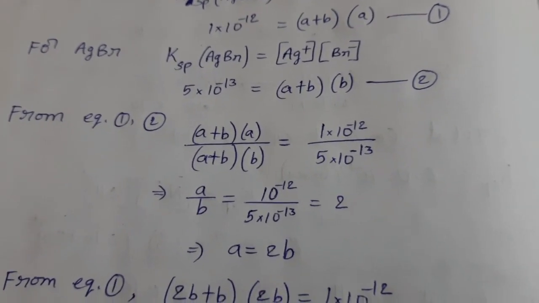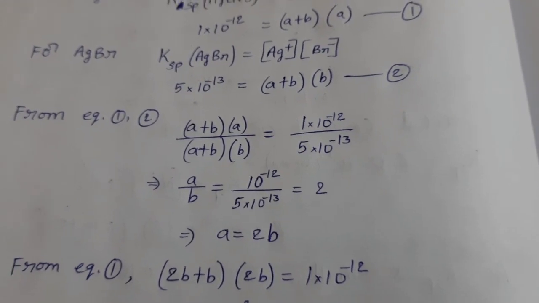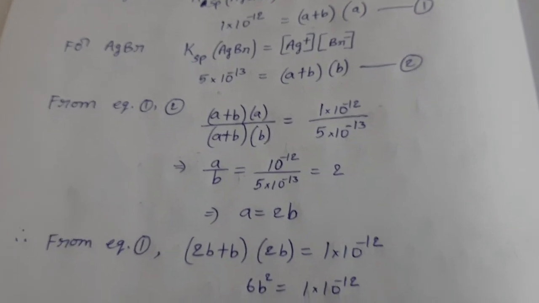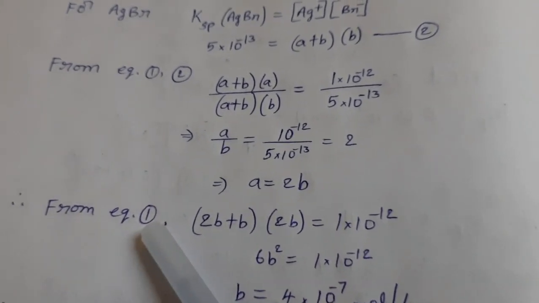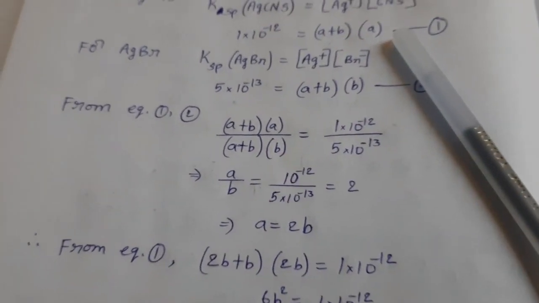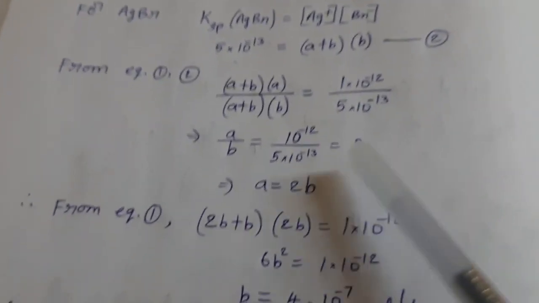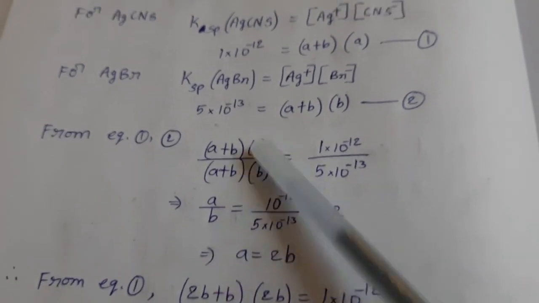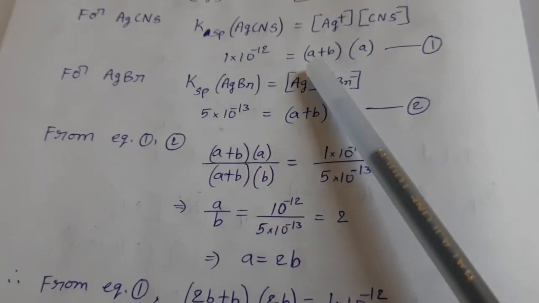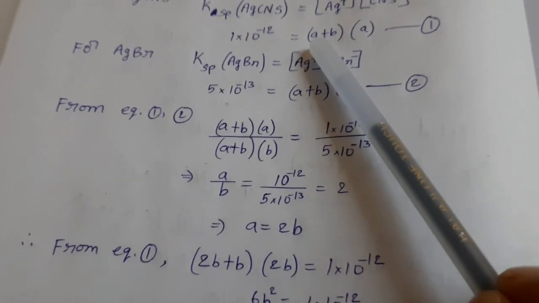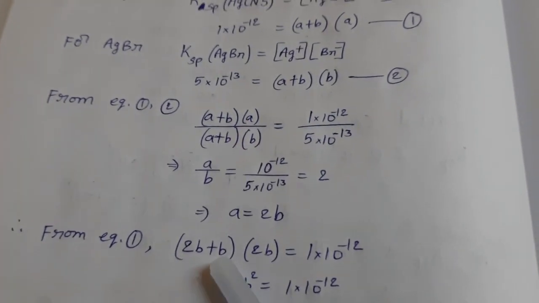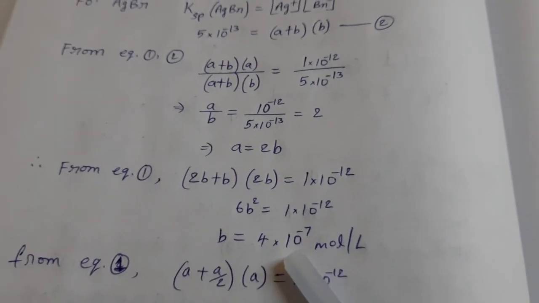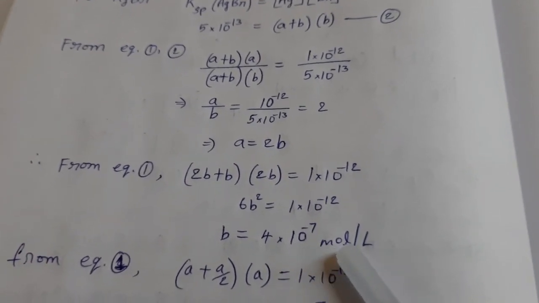Now we should find the values of A and B. For that purpose, from equation 1, we substitute 2B in place of A. 2B plus B into 2B equals this one. From this we got the B value as 4 into 10 power minus 7 mole per liter.